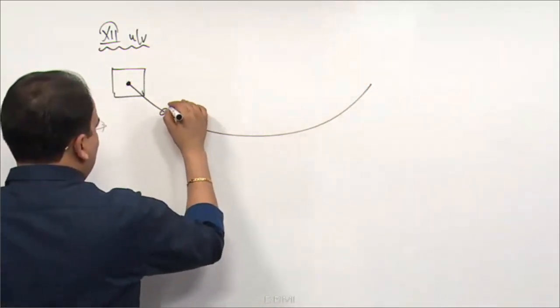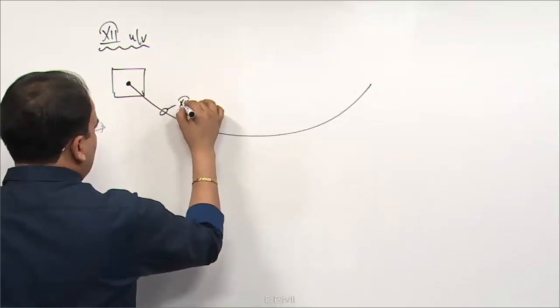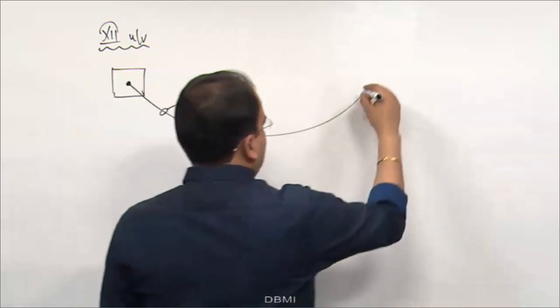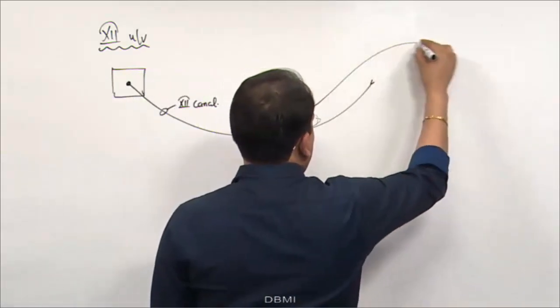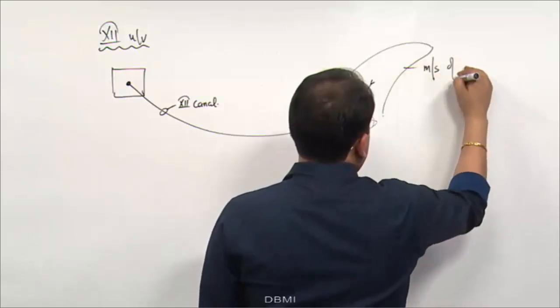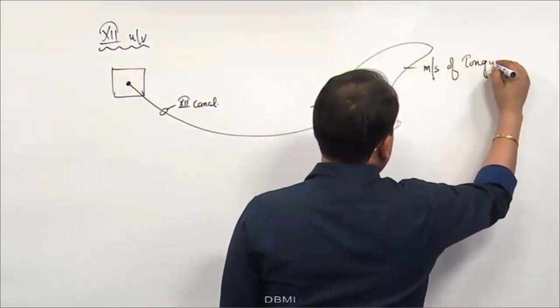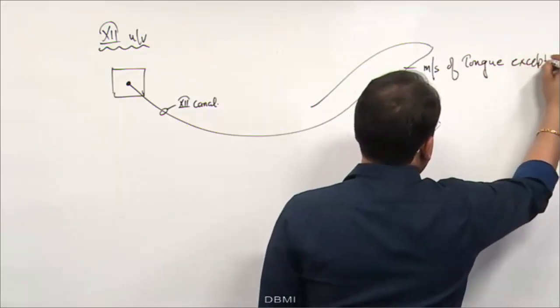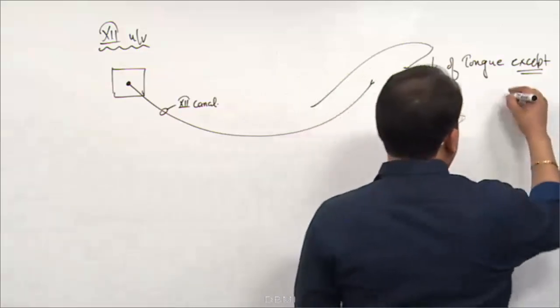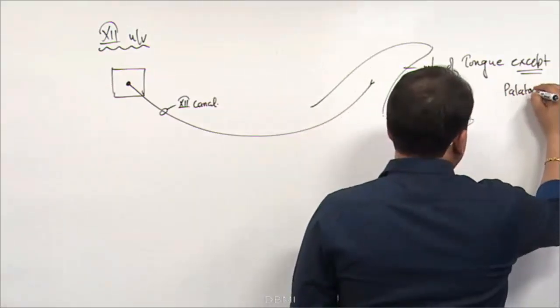it comes out of the hypoglossal canal and it goes and supplies all the muscles of tongue, all muscles of tongue except, see all these except type of questions are very important, except one muscle, and that is palatoglossus.